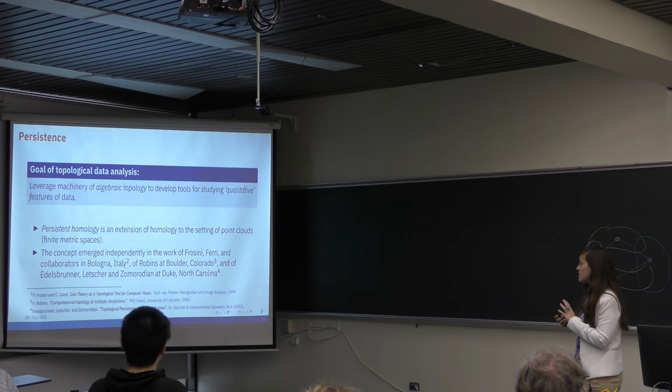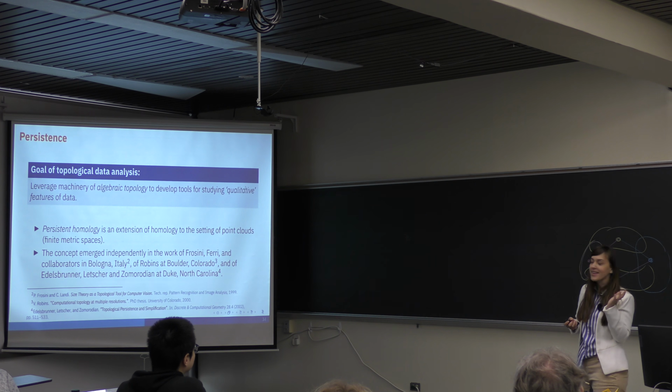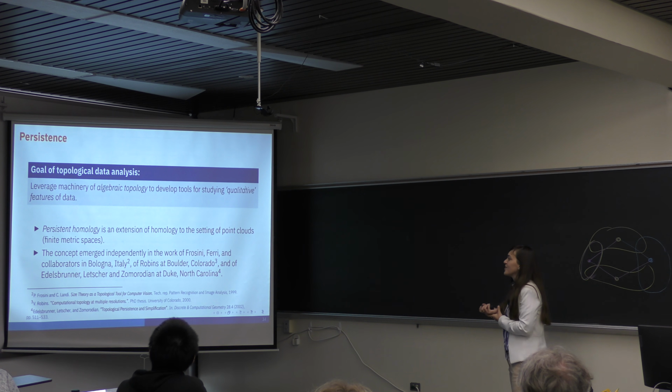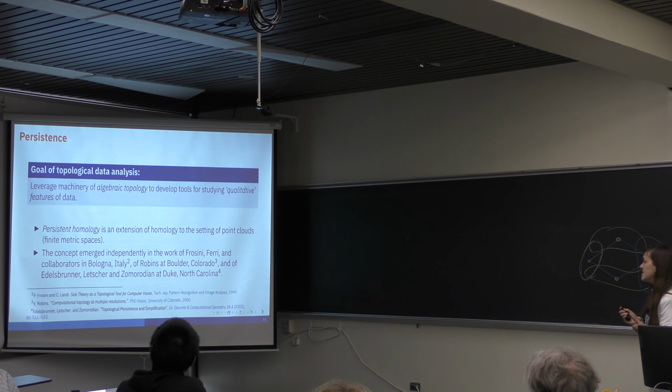If you go far enough, you can trace it back to Morse in terms of ideas, but more recently, Frosini, Ferri, and collaborators in Bologna, Italy, and Robbins in Colorado. But the most influential paper was by Edelsbrunner, Letscher, and Zomorodian at Duke in North Carolina, Topological Persistence and Simplification.